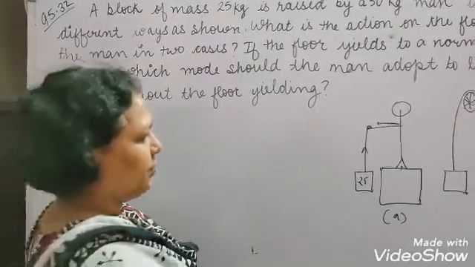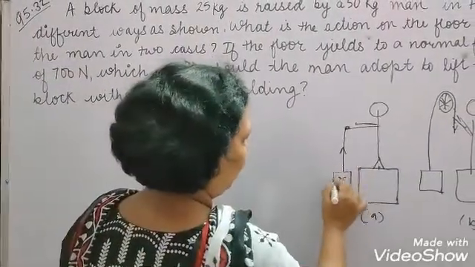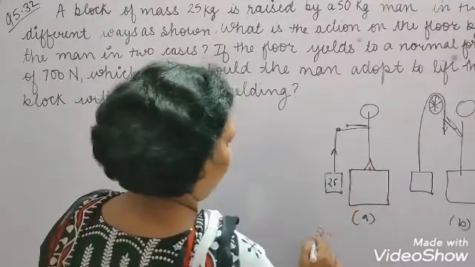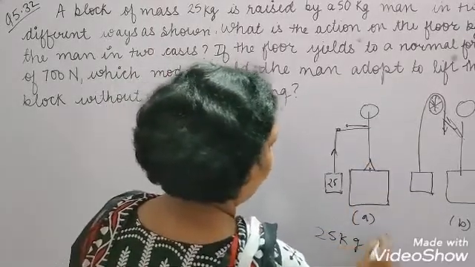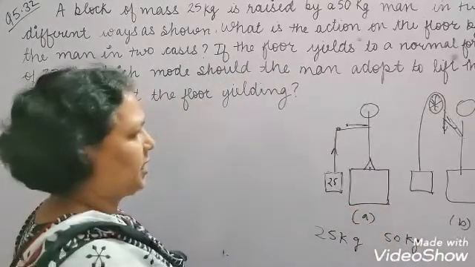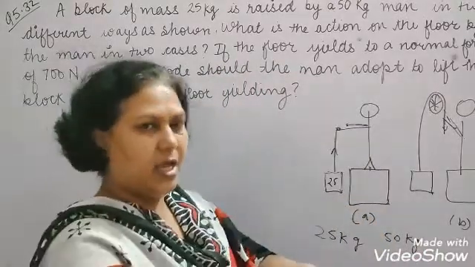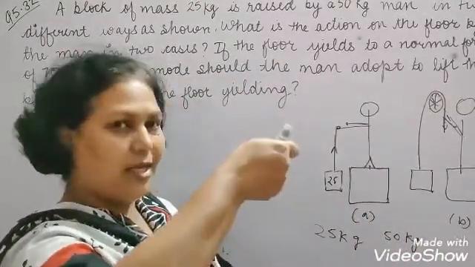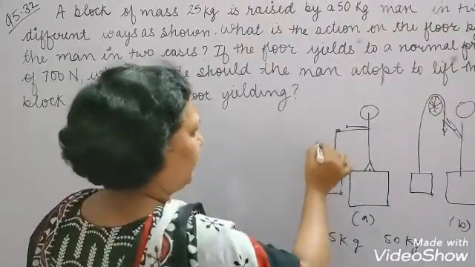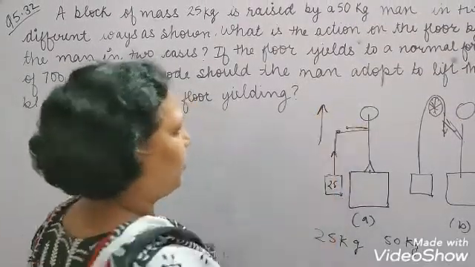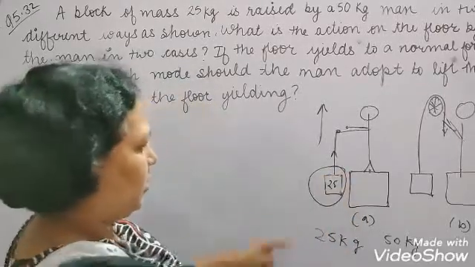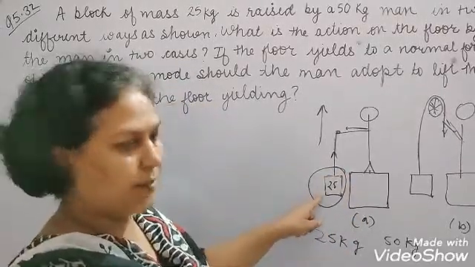So, first case: you will see here the block is of 25 kg. The weight of the man is 50 kg. In the first case, he is pulling the weight directly. That means he is just applying an upward force equal to the force working on the block.